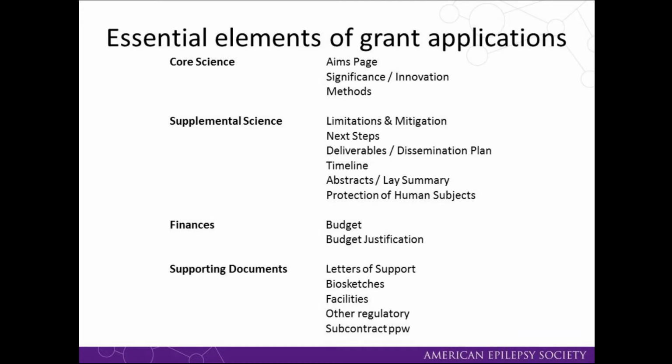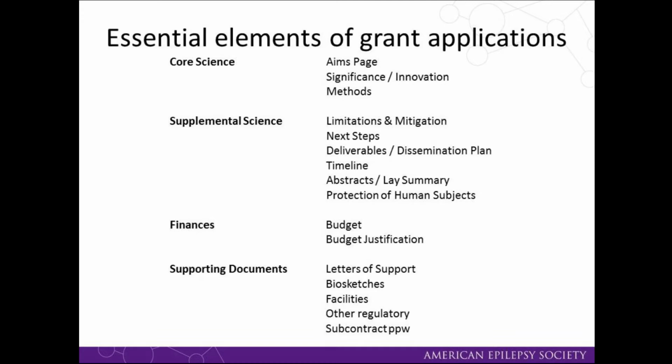The most important is the core science, and that has three pieces. There's the Aims page itself, and we'll go into more detail about that. That's really the heart and soul of the proposal. It's the brief summary of what it is you want to do, how you're going to do it, why it's important, and if you're going to spend an inordinate amount of time on one piece of the grant proposal, this is it.